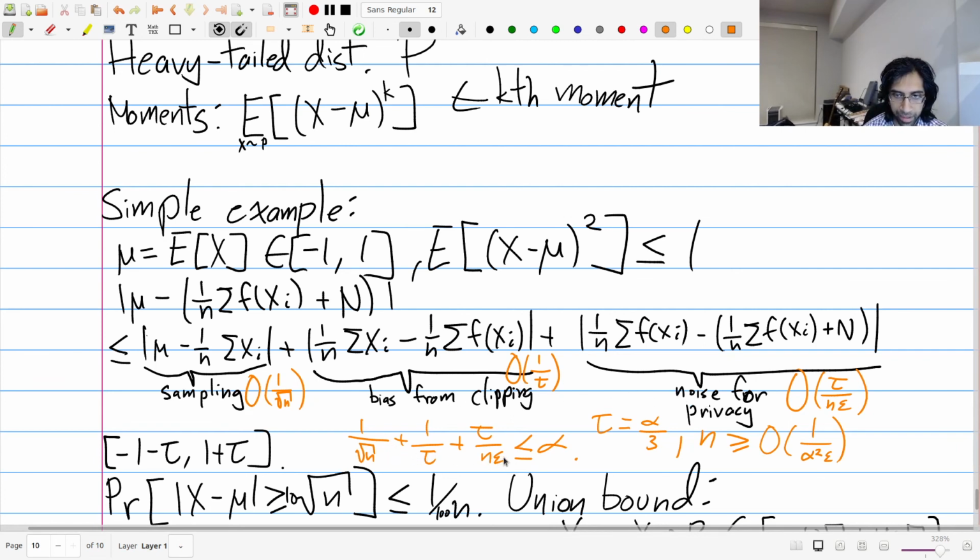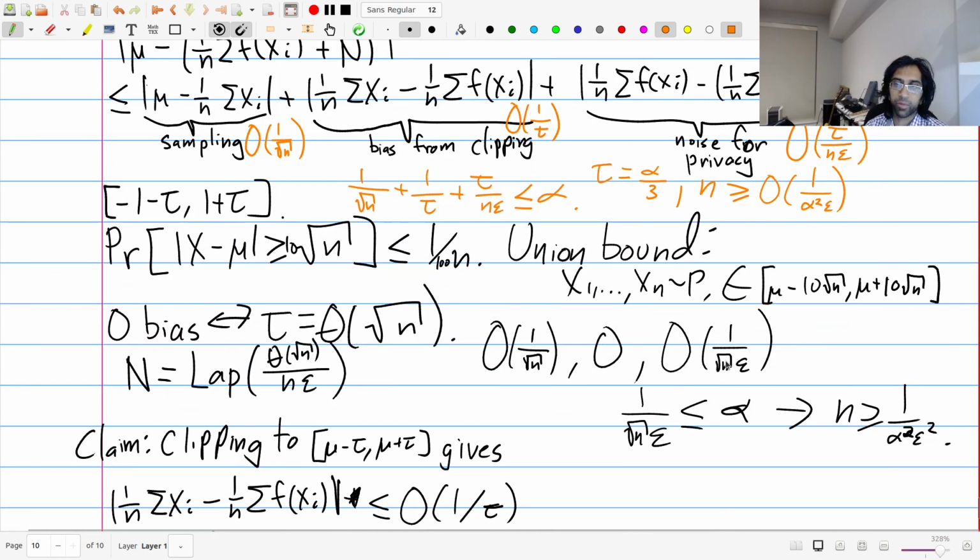We tried to sum them all and bound them above by the target error, and then from there, we can just solve for what parameters we should set. That tells us we should clip essentially to something which is of radius basically alpha. We have an additional alpha in terms of how far we clip. And this gives us an overall sample complexity of n equal to 1 over alpha squared times epsilon.